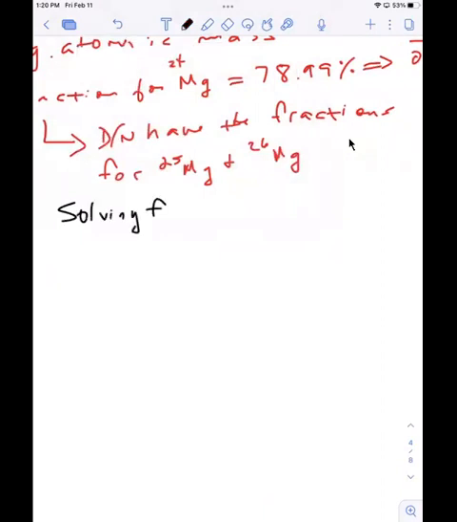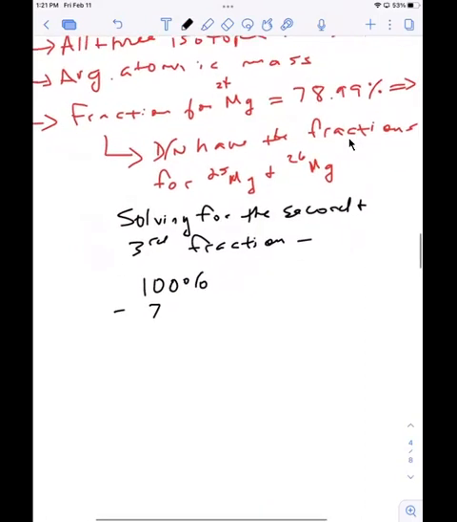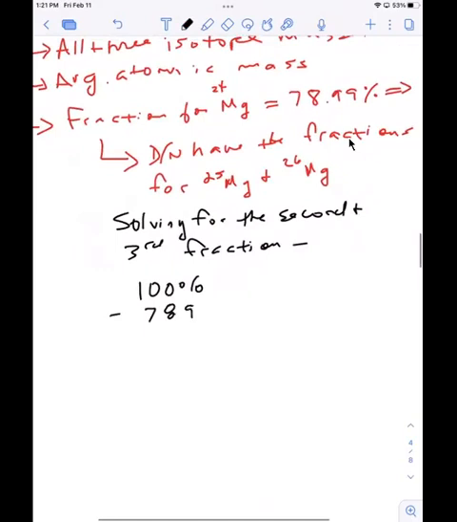Because this is the key to the problem. Let me ask it this way. What's left? So those two fractions that are left, what would they have to equal? Let's think about it. If everything has to add to 100% and you subtract that 78.99%, what's left of that?